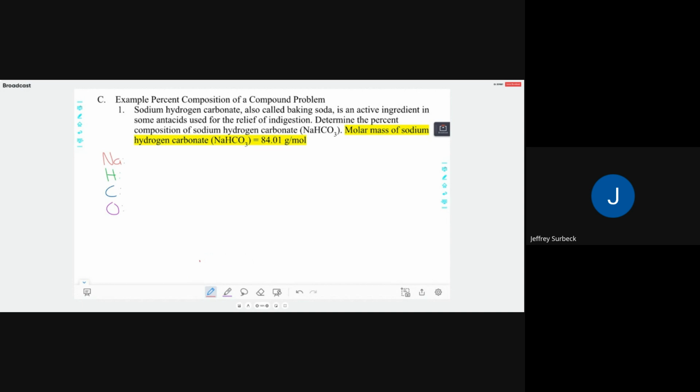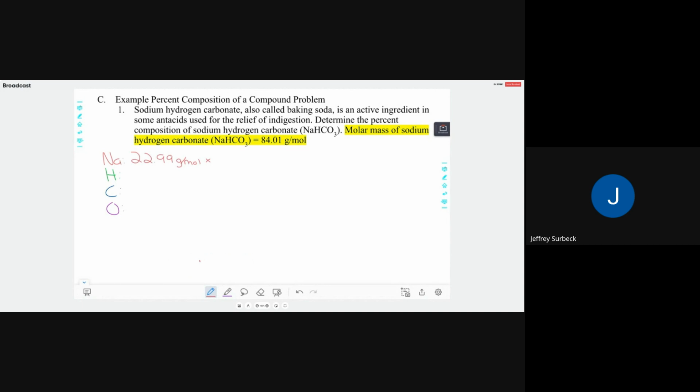On the periodic table, you would find the molar mass of sodium, Na, is 22.99 grams per mole. We have to multiply this by the amount of Na in our formula. How many Na do we have in our formula?